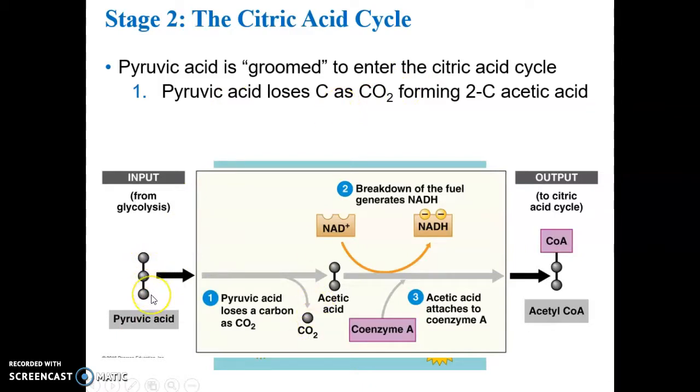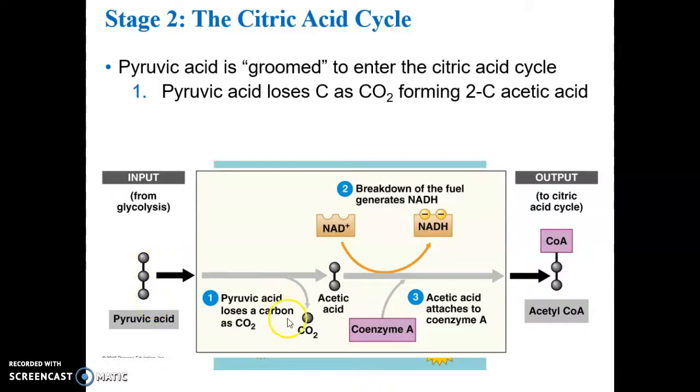Notice 3 carbons starting with the pyruvic acid. You lose a carbon to form carbon dioxide, and we get something called acetic acid that becomes acetyl-CoA because something called coenzyme A latches onto the acetic acid to form acetyl-CoA. But notice 2 carbons from the 3 carbons in the starting pyruvic acid.